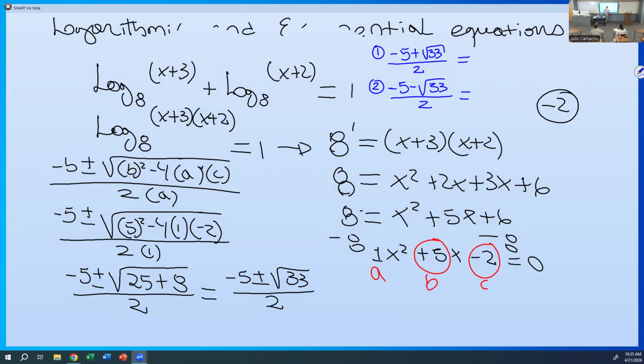So what is the answer of the first one? If you use your calculator, you should put the whole top in parentheses: negative 5 plus the square root of 33, close parentheses, divided by 2.